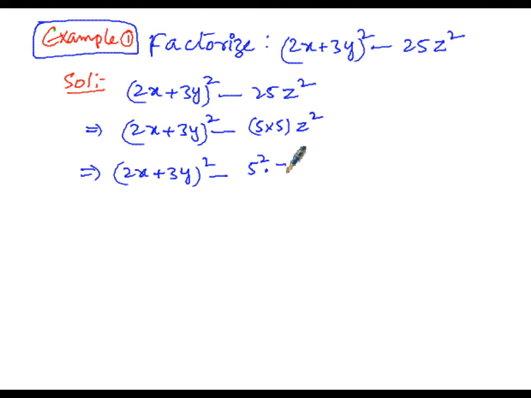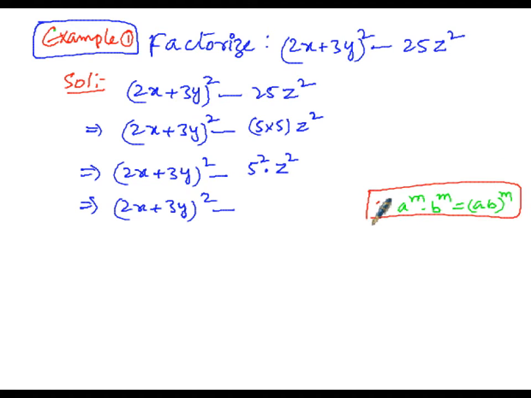That implies 2x plus 3y whole square minus, so it is in the form of a power m into b power m, which can be written as ab whole power m. Based upon this reason, I am going to write 5 square into z square as 5z whole to the power of 2.